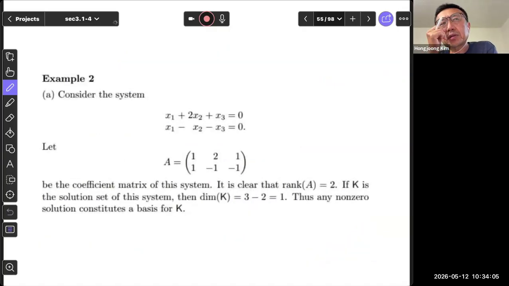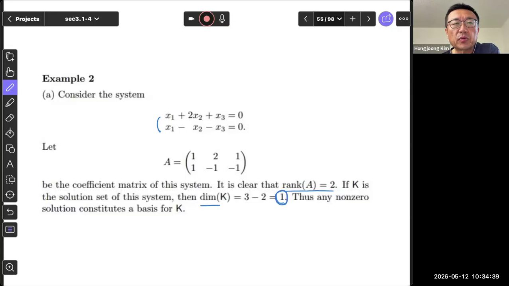So let us consider the examples. If I consider these two equations in three unknowns, then the rank cannot be 3, right? So the maximum possible rank of this matrix A will be 2. And in fact, the rank of matrix A is 2, so the dimension of K will be 1.